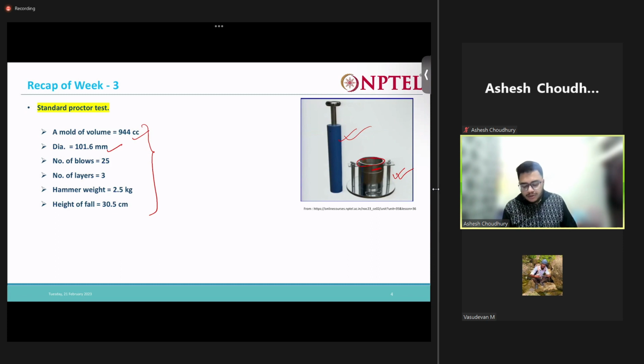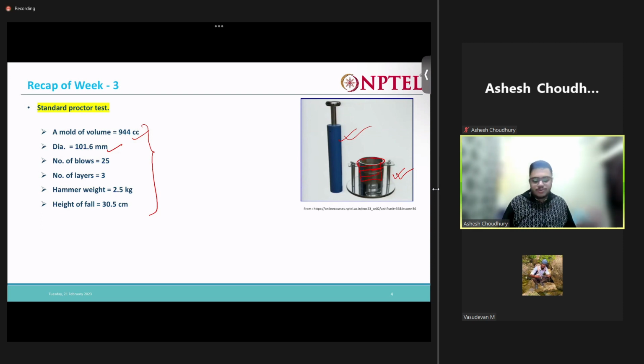What we need to do is give a certain number of blows. We take some amount of soil, and we need to fill it in this mold in three layers. We put one layer of soil, and then we put 25 blows on that soil, and that gets compacted.